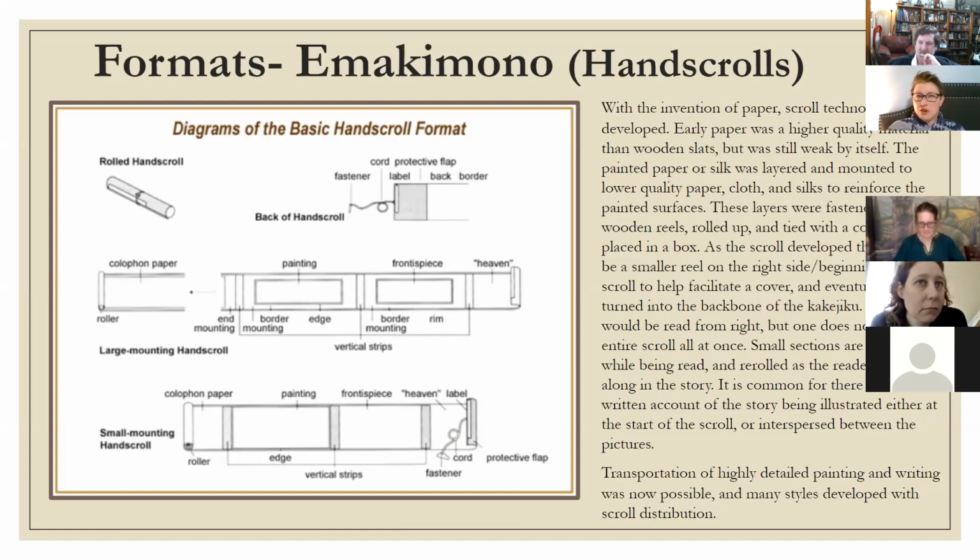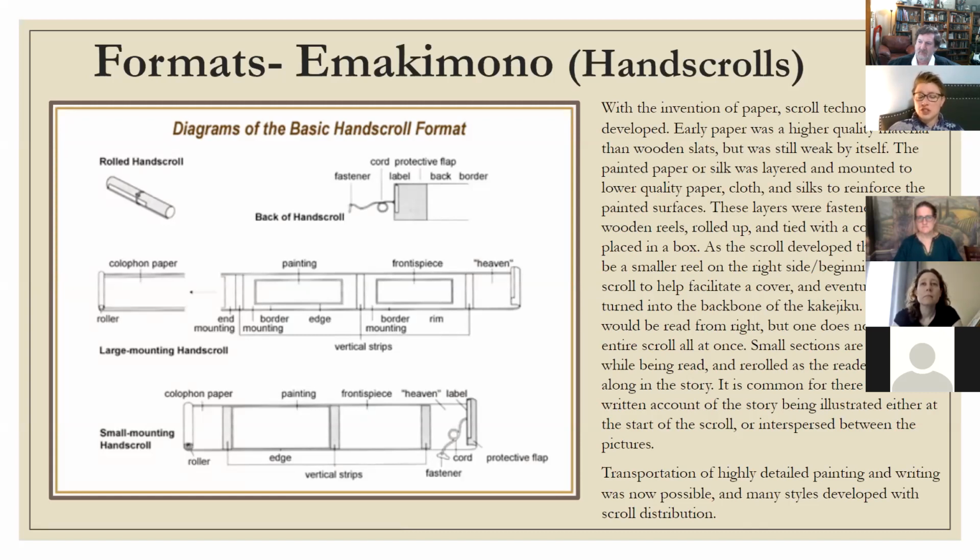And if I recall correctly, Prince Shotoku, who was said to have brought writing from China and really started the culture of Japan, pronounced that people should start making better quality paper. And so higher quality paper or silk was mounted onto lower quality paper, cloth, and silks to reinforce those painted surfaces.